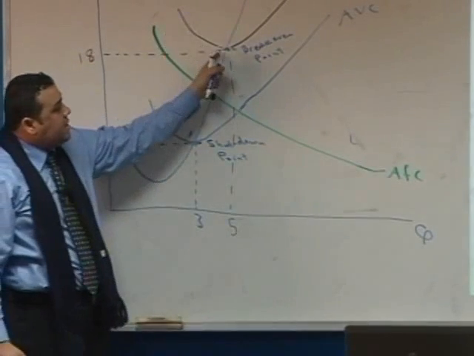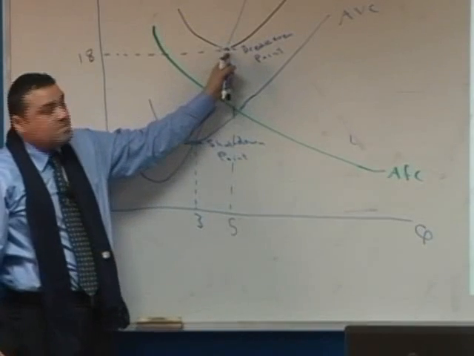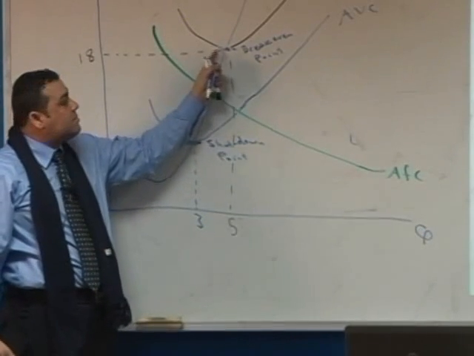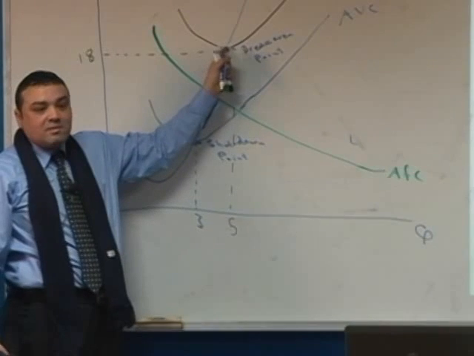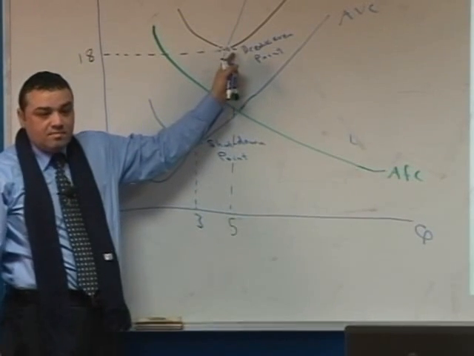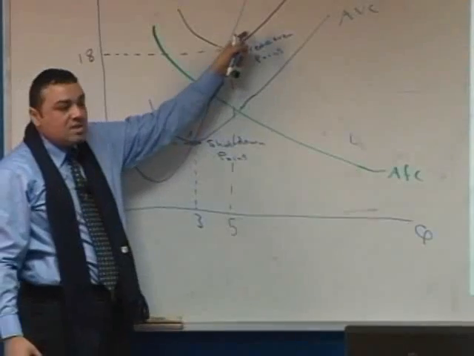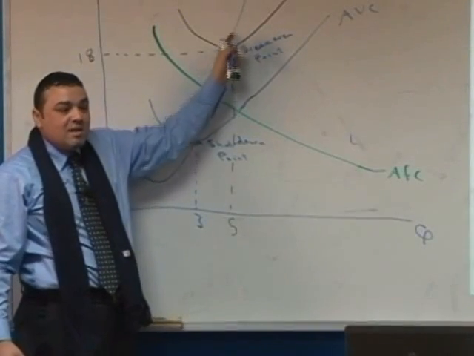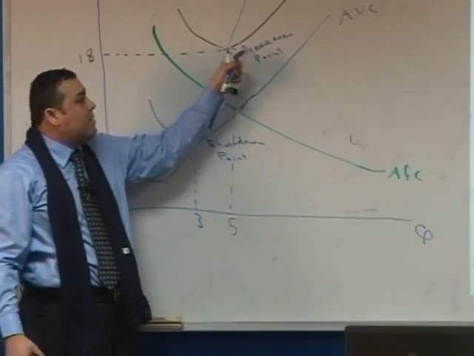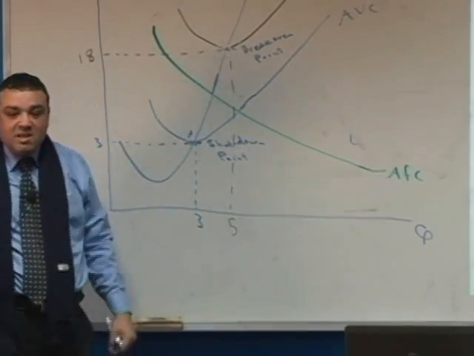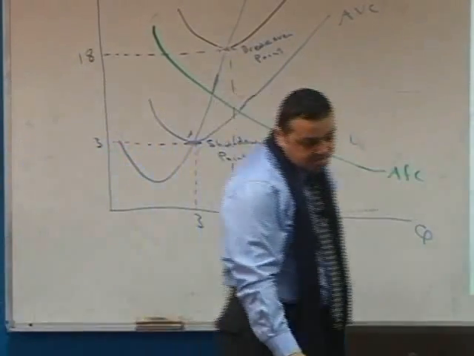The ATC crosses the marginal cost at the minimum of what? Of ATC. Right? ATC intersects the marginal cost curve at the minimum of ATC, which is the break-even point.